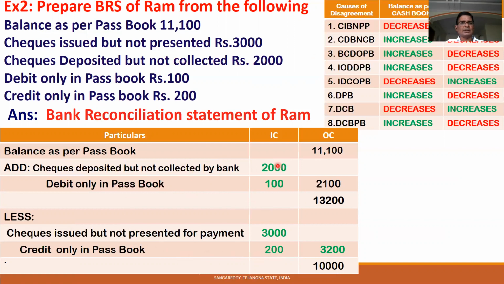Check issued but not presented, passbook increases, less. So 11,100 given, add 2,100, 13,200, less 3,200. 10,000 is the answer.